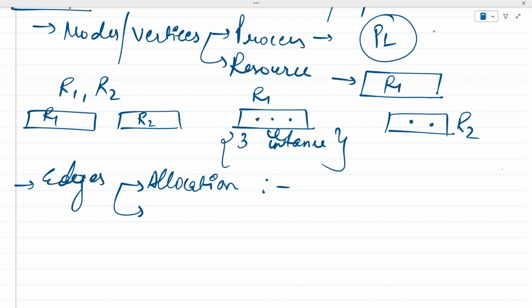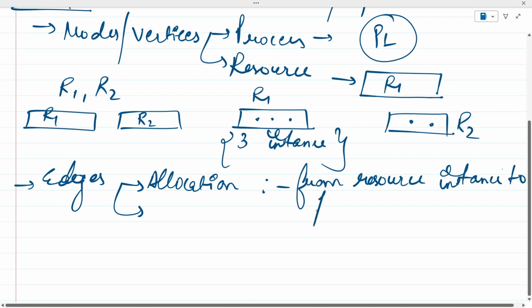We represent this with an arrow, from the resource instance to the process.